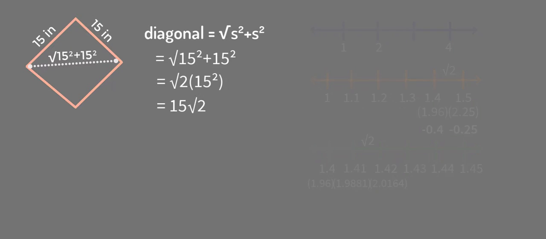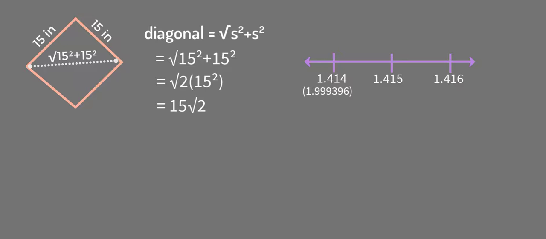So we move on to thousandths. We're looking at 1.41, and we'll start with 4: 1.414, 1.415, 1.416. If we look at 1.414, we're getting 1.999396.